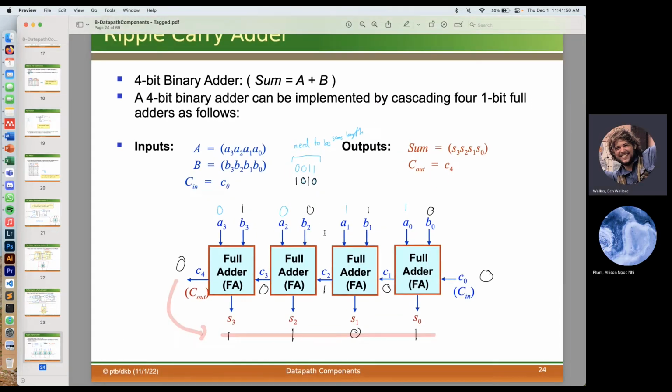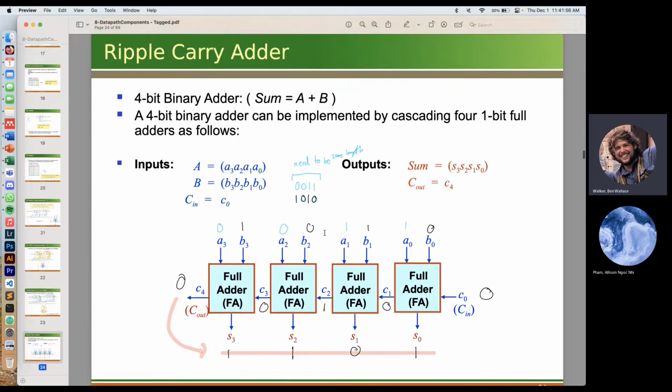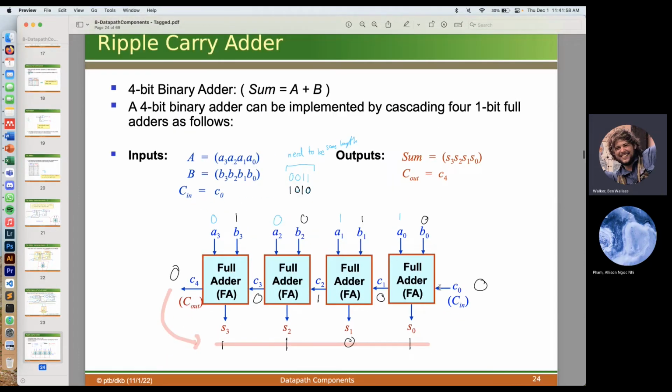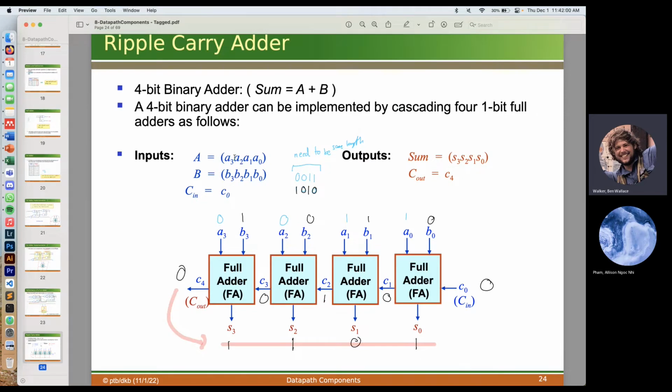So here we can see that we can cascade our adders together to do ripple carry operations. So if we wanted to add 2 binary strings together, we're going to take each component of the binary strings and place them into each full adder. And the operation flows from the right to the left.